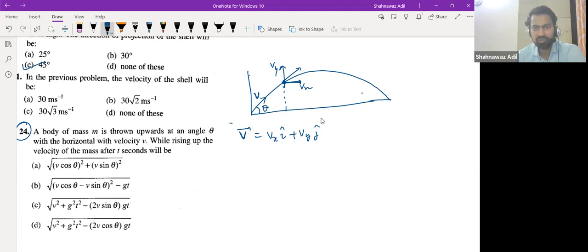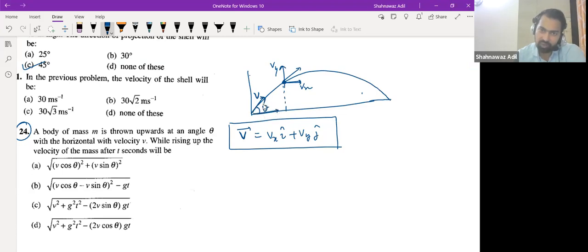Correct, everyone? Now, as Rishita has told us, this is my initial velocity. So initial velocity has two components, right? Ux is v cos theta and Uy is v sin theta. As Rishita has told us, this x component will always be the same.